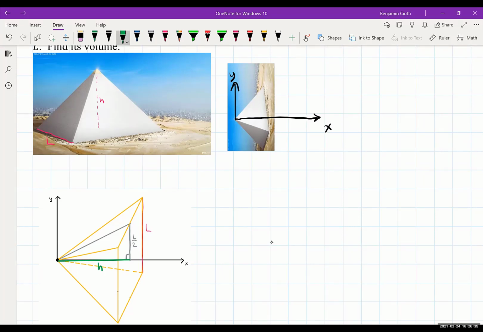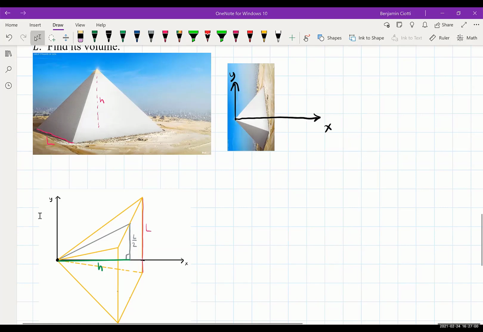We want to find a cross section, and I'm going to do this by integrating along the x-axis. So my cross sections are going to look like squares. In fact, I think I have a little animation I can show you of that.